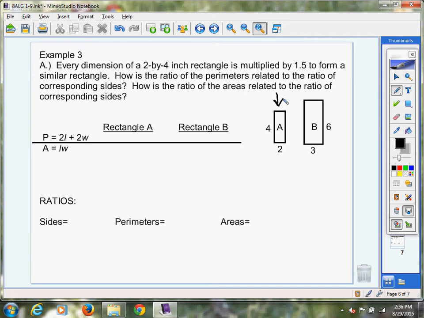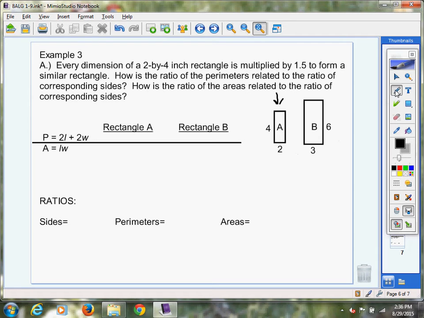And what they did was they multiplied the 2 and 4 by 1.5 to form a similar rectangle. So 2 times 1.5 will give you 3, and 4 times 1.5 will give you 6. That's what they did to get that, okay?